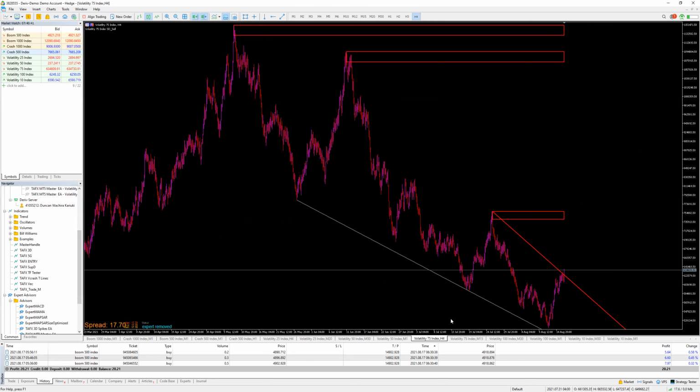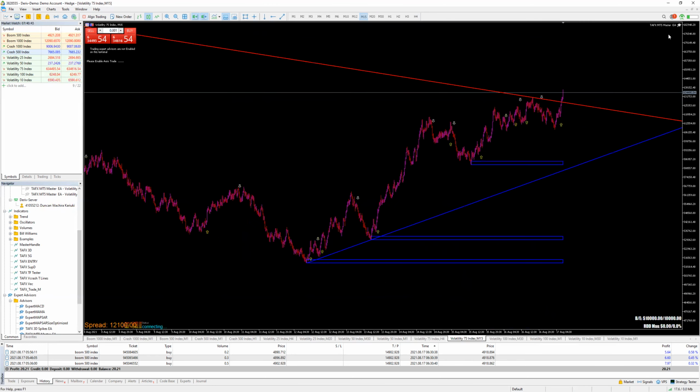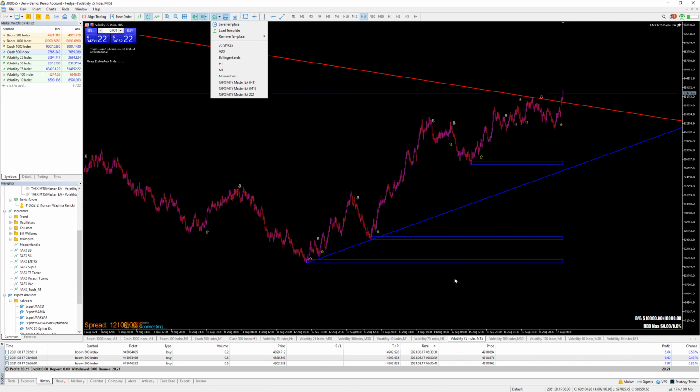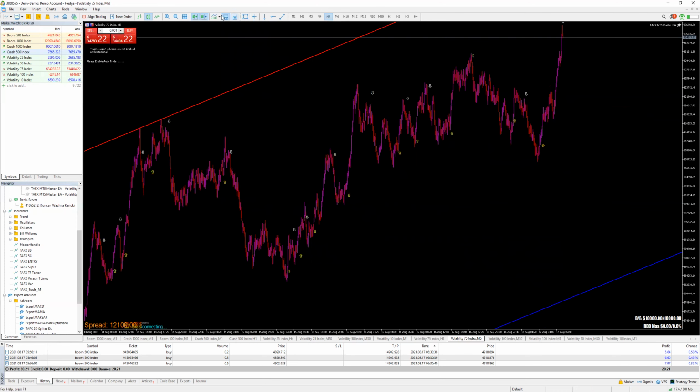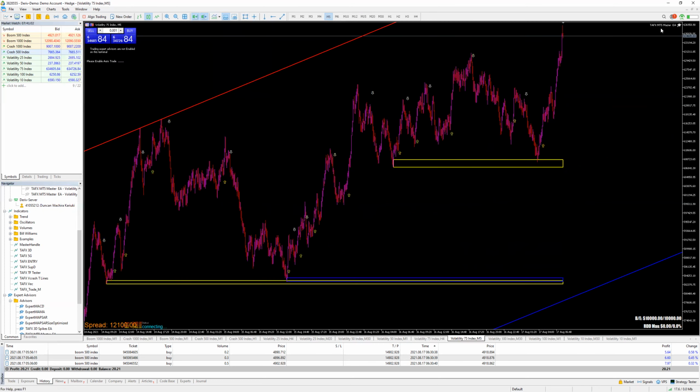Keep that in mind. So the next one, which is where the robot is, is TFX MT5 Master EA minute 1. For this one, for minute 1, you can change it if you want to trade on minute 5. That is up to you guys. You only need to pick this one for minute 1 because this is where you attach your robot, and the robot will be taking trades in minute 1, but the signal will be coming from 4 hours.